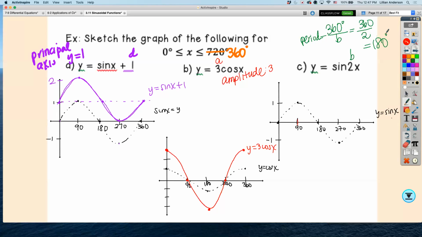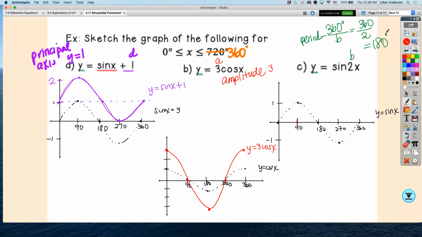So that means this graph is going to get squished in, horizontally shrunk. I'm gonna take the left side and right side, and I'm gonna push them into each other so that it completes one full cycle between 0 and 180 degrees. How do we do that? Like I said, follow me on this one.